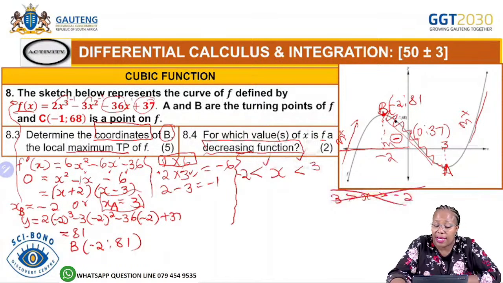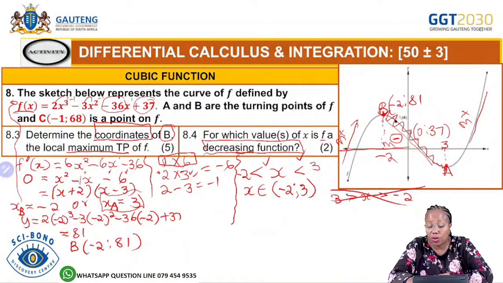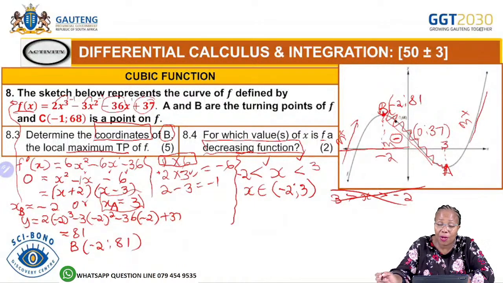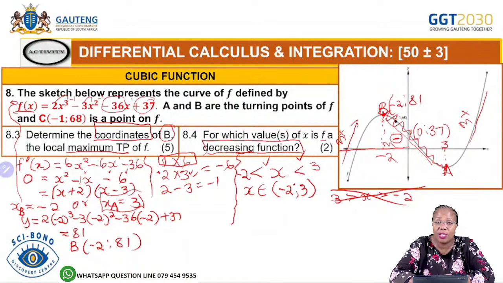And then now another notation, you can write this as x is an element of, because there is no equal sign there, you make a round bracket starting from -2 ending at 3, and then you close that with a round bracket. You can't use square bracket. You will use square bracket if these values were included, if there was an equal sign below.